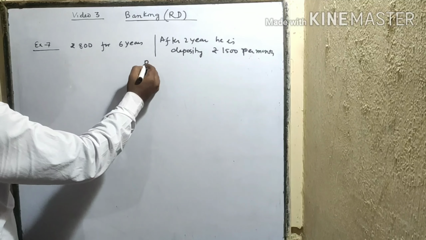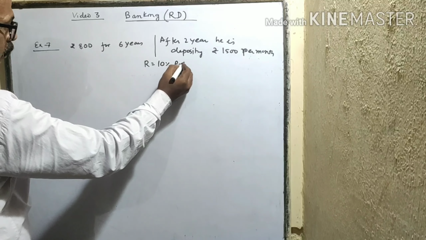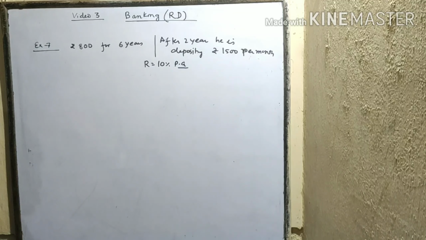Both the cases rate of interest is given 10% per annum, and we have to find out which account will give you more money and by how much.